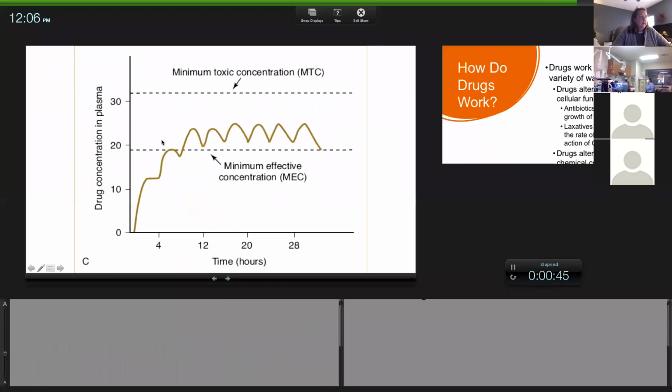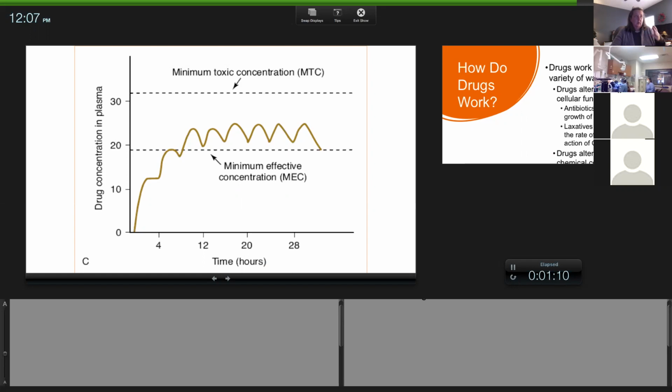But then if we talk about toxic concentration, minimum effective concentration, the time over hours, all this is explaining is understanding half-life and understanding drug interval is designed to stay in therapeutic range, keep that drug at plasma levels that will achieve the effect of the drug.